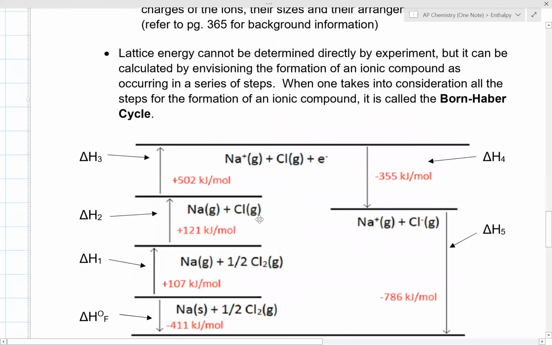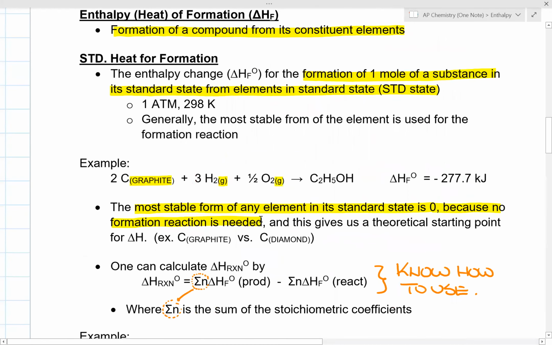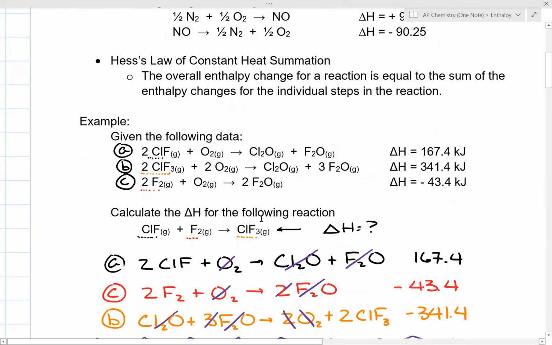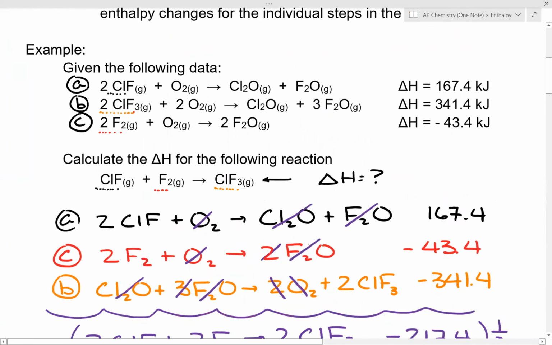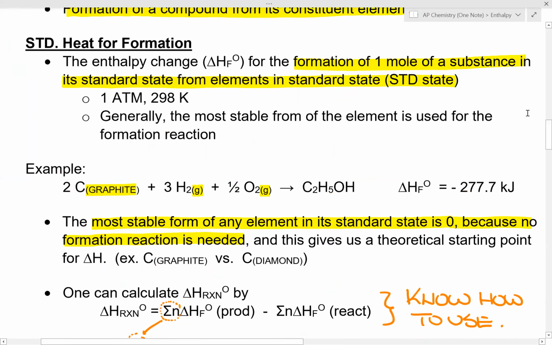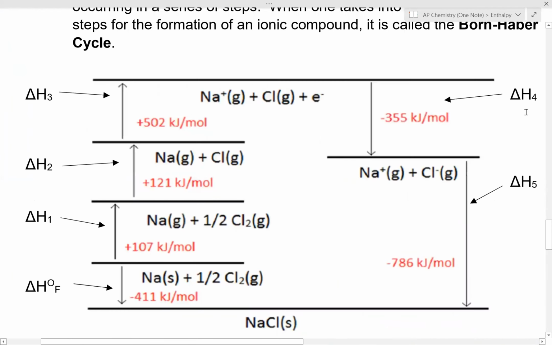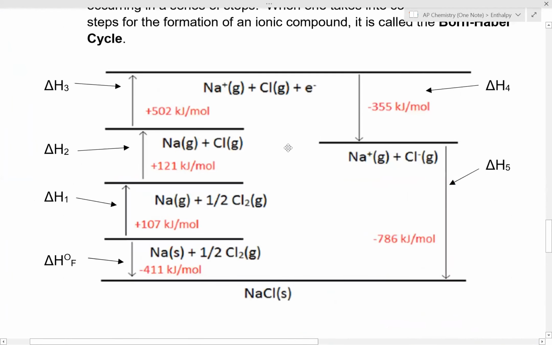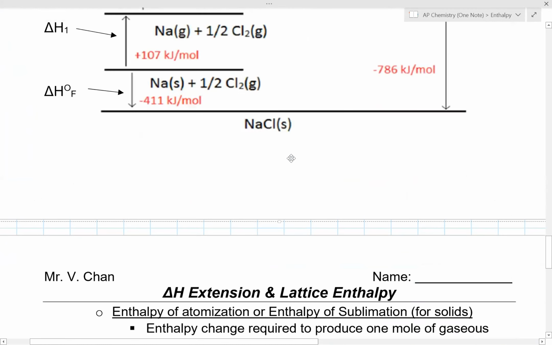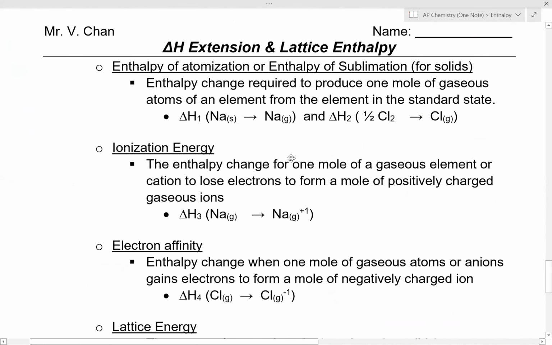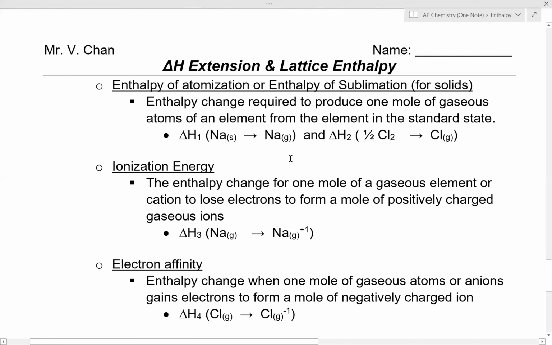This relates back to Hess's law, where we had a series of steps, and when we combine them together, it gives us the energy for the overall reaction. Some of you might ask, what are H1, H2, H3, H4, and so on? It's a series of steps. H1 and H2 are called the enthalpy of atomization or enthalpy of sublimation.